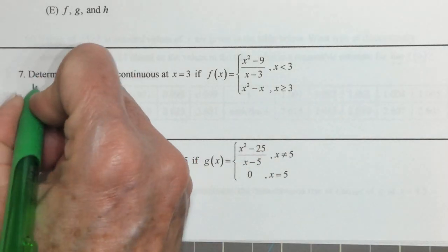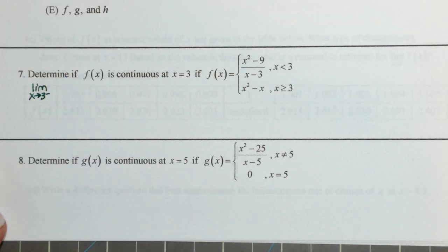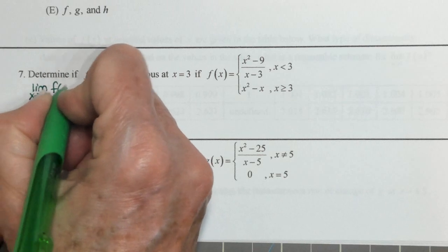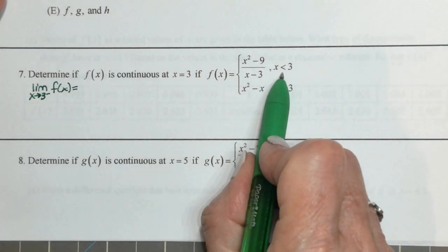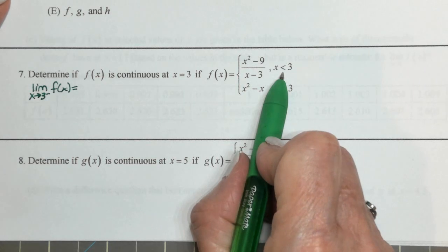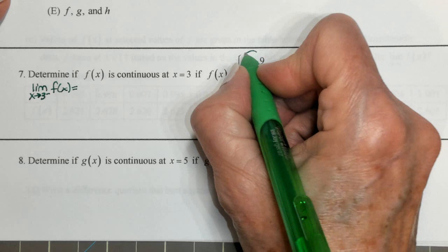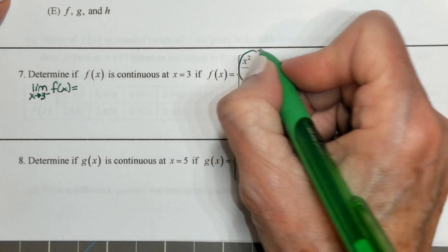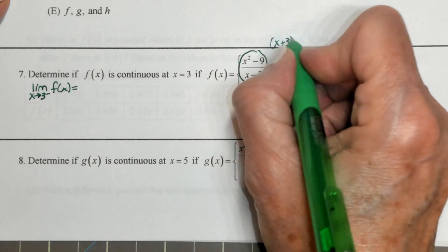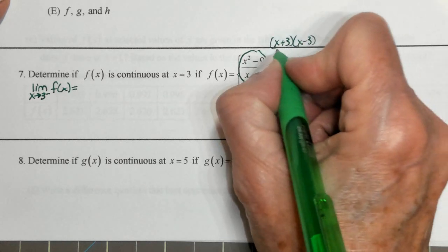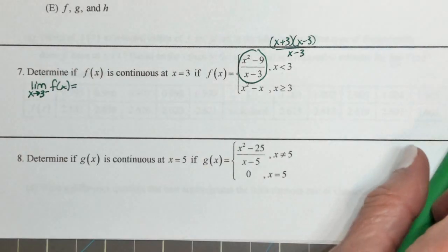So the limit from the left of 3 of f of x is equal to, okay, so from the left I'm going up and using this piece because that's where x is to the left of 3.